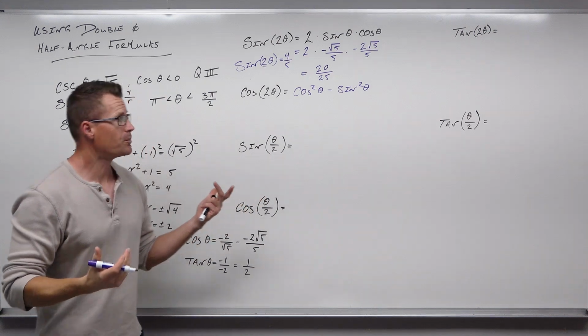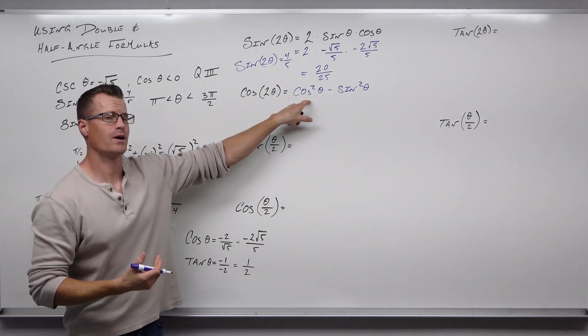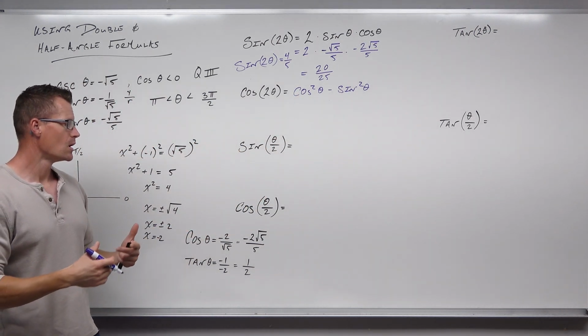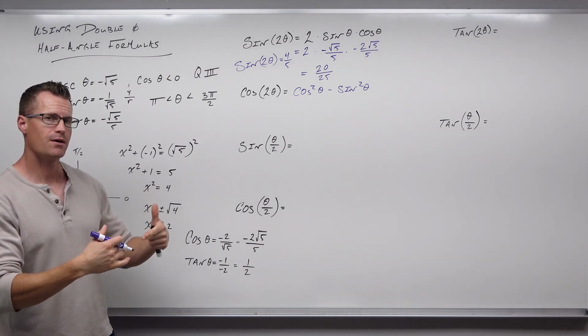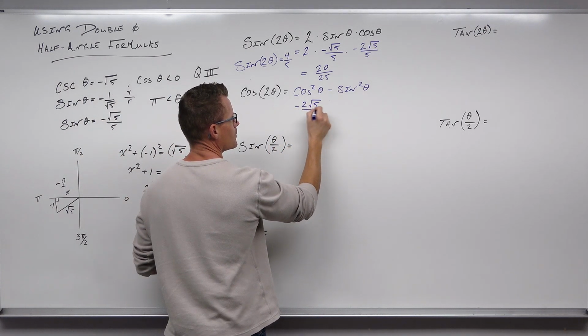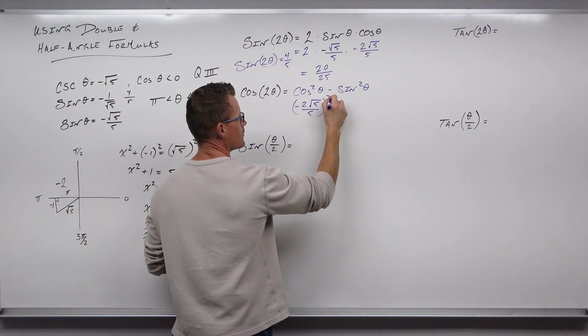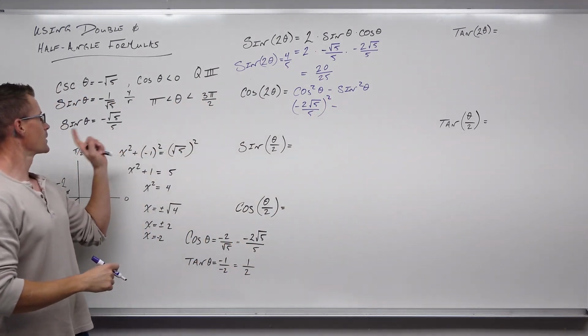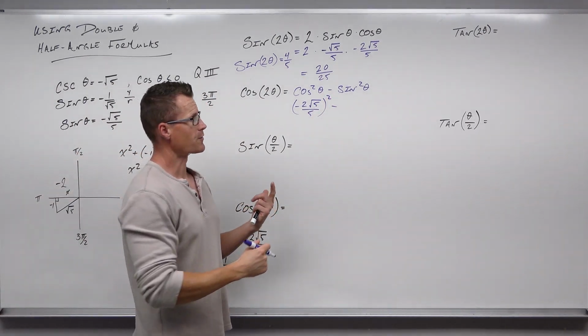Now, it's not all that hard, but keep in mind that we had to actually find cosine theta in order to make that work. So this will be negative 2 square root 5 over 5 squared. Minus negative square root 5 over 5 squared.